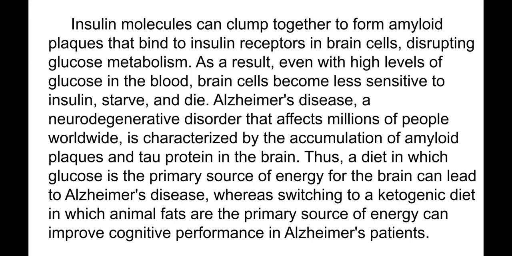Thus, a diet in which glucose is the primary source of energy for the brain can lead to Alzheimer's disease, whereas switching to a ketogenic diet in which animal fats are the primary source of energy can improve cognitive performance even in Alzheimer's patients.